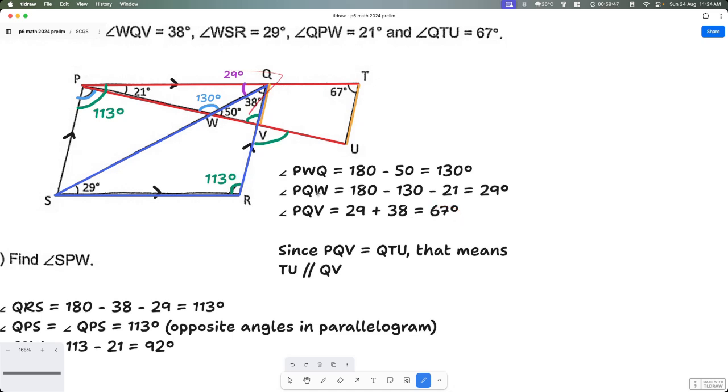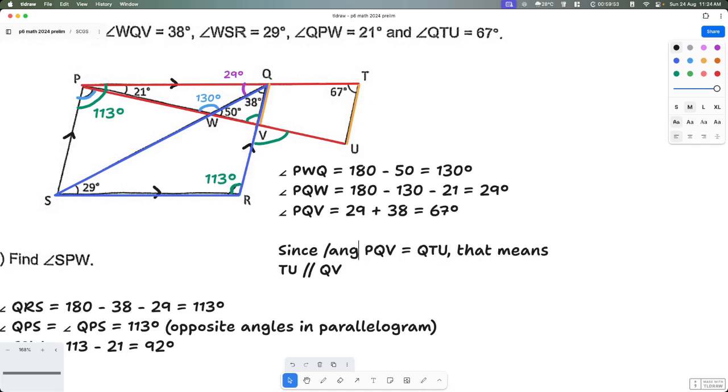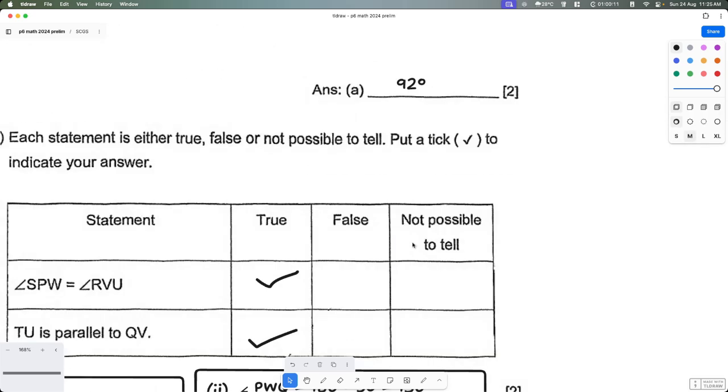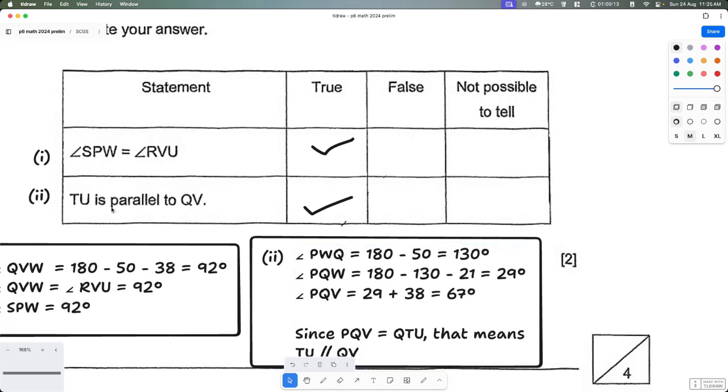Since these two angles, angle PQV and QTU, are equal, that means TU is parallel to QV. So the last statement is true as well.